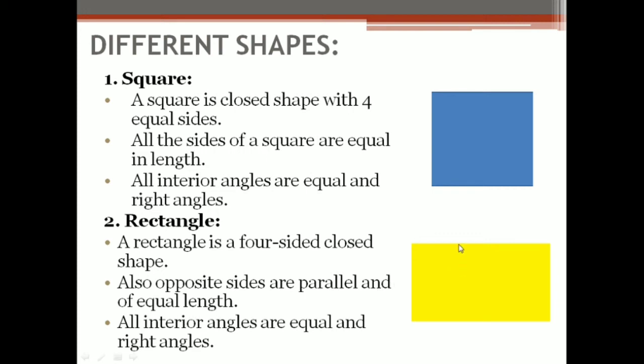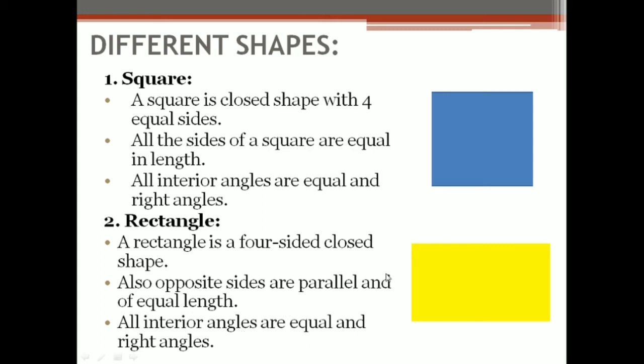In this rectangle, the opposite means these two lines, right? These two lines are parallel. In the figure, we can easily observe that the two opposite sides are parallel and of equal length. This 1 and 2 are opposite sides, and they are of equal length. This one and this second one are opposite sides and they are of equal length.